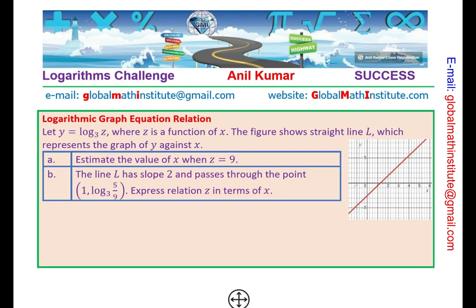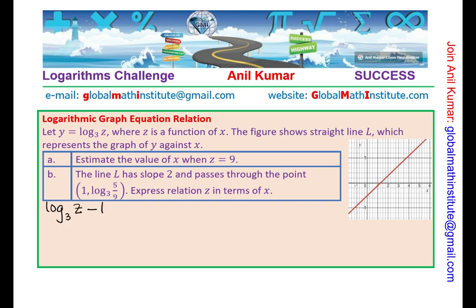So as I said, the equation will be y minus y1, where y is log to the base 3 of z, minus y1, which is log to the base 3 of 5 by 9, equals m, the slope, which is 2, times (x minus x1), which is 1. Substituting all this, you will get this equation.